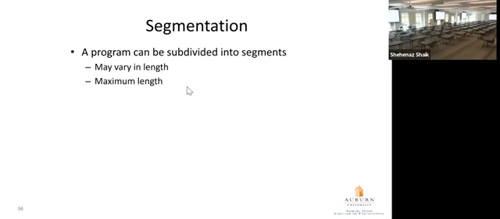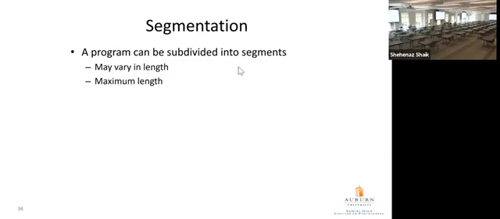Okay? So with this particular approach, we should be able to divide the entire program, or the process logical address space, into some number of segments, and each segment may be of some length.